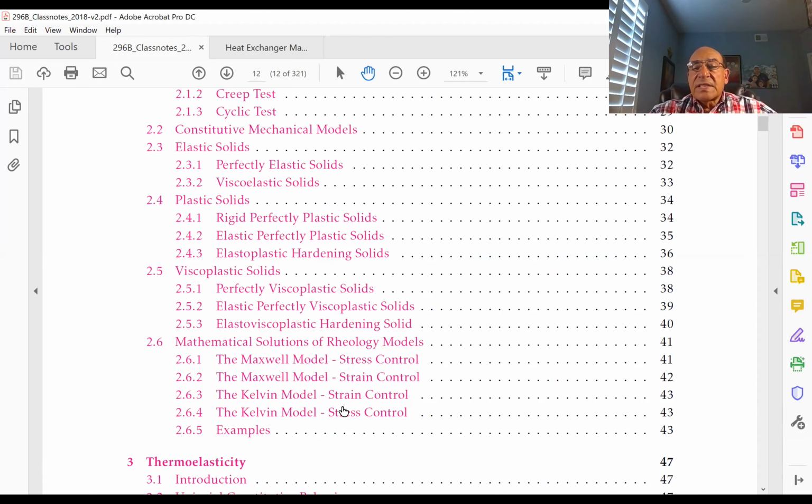These are the elements that we use to represent mechanical behavior, and that's why they're called rheological models. Relationship between stress and strain and time, or in other words, between force, displacement, and time.